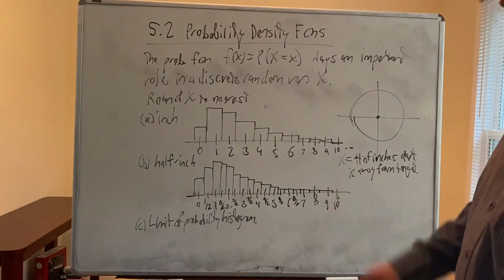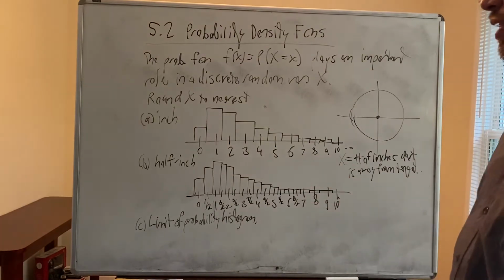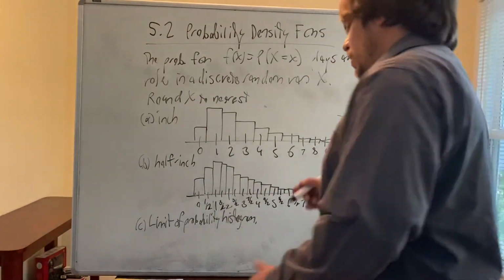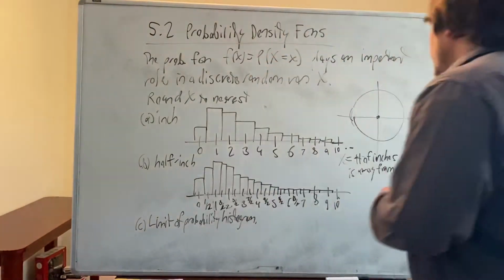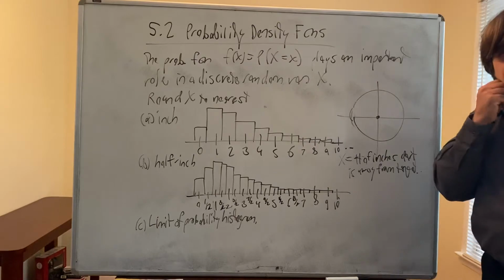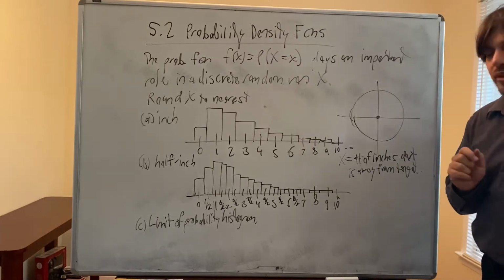Actually, 1 over 2 to the n. Let's keep halving it. So it's 1 inch, half an inch, a quarter inch, an eighth of an inch, and so forth, until you keep rounding to smaller and smaller fractions of an inch.